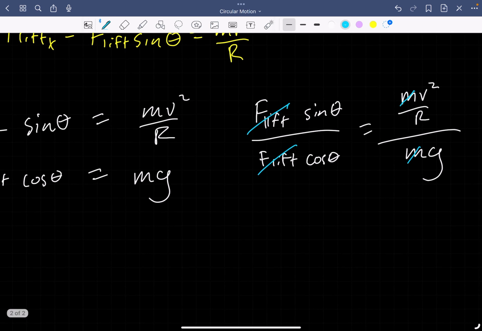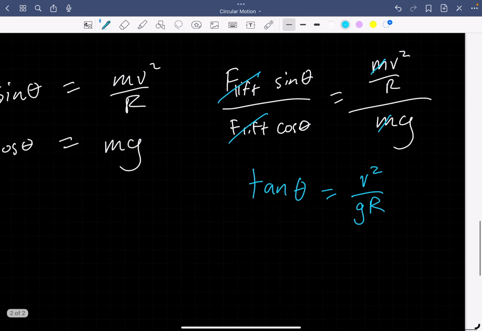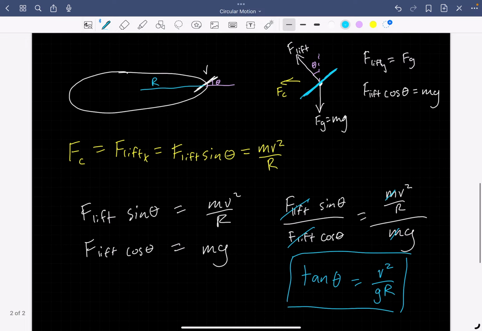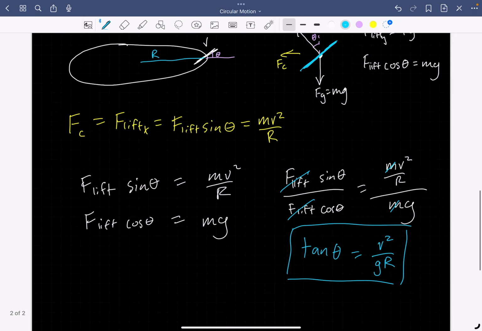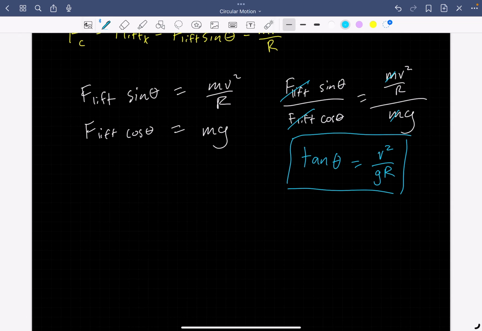And what that leaves us is tan theta is equal to v squared over gr. So this gives an expression relating the angle that the plane has to bank its wings in order to make a turn of a certain radius at a certain speed.